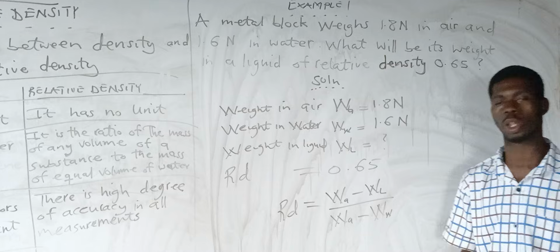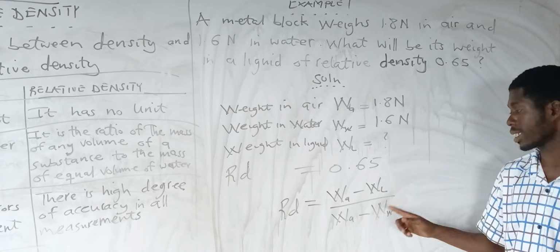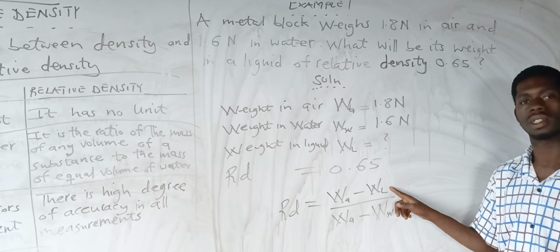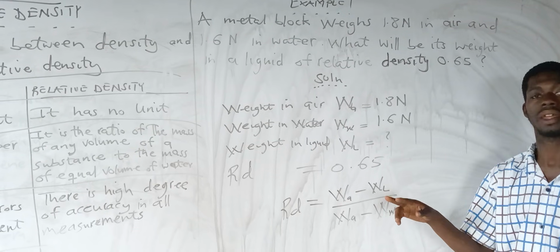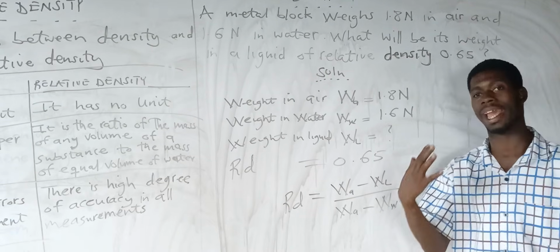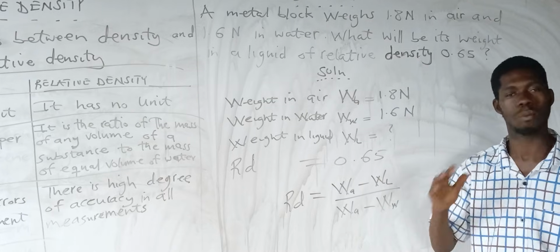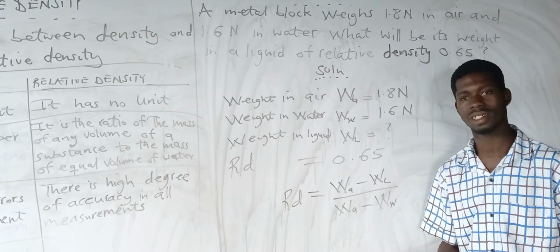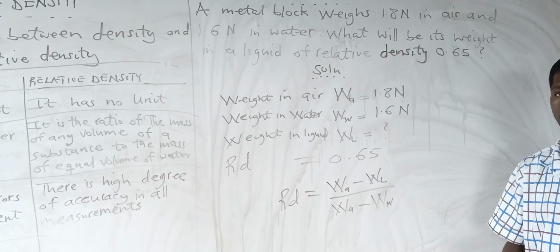And the substance was liquid. But for you to get the density of the substance, you're supposed to subtract from the air. For the density of water, you're also supposed to subtract from the air, like how we did the experiment. M2 minus M0, M1 minus M0. So this is the formula for the question.